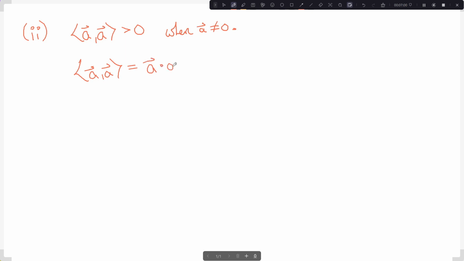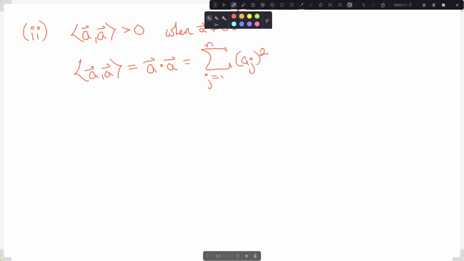So let's see number 2, which said that if I take A with itself, I get a non-negative number, or rather that it's strictly positive when A is not 0. Same thing. And we're going to get the same thing here, right? Because an inner product of A with itself, when that happens to be the dot product, is exactly what we had written before, j equals 1 to n, aj squared.